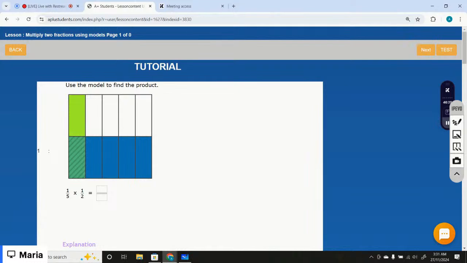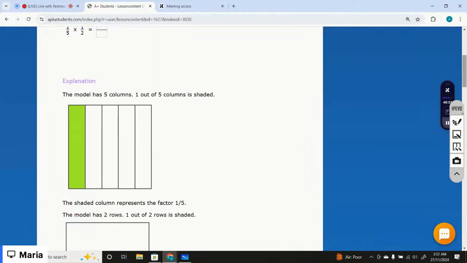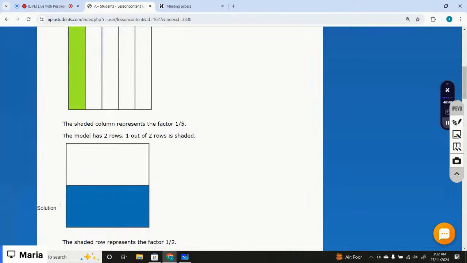Use the model to find the product. So 1 by 2 times 1 by 5. The model has 5 columns. 1 out of 5 is shaded, right? The model has 2 rows. 1 out of 2 rows is shaded.